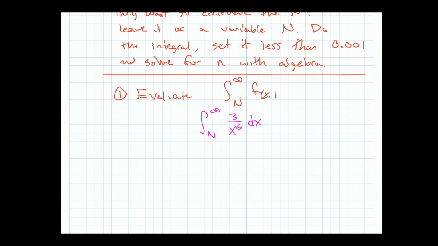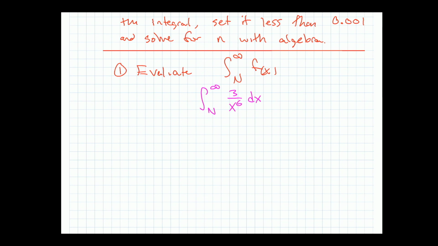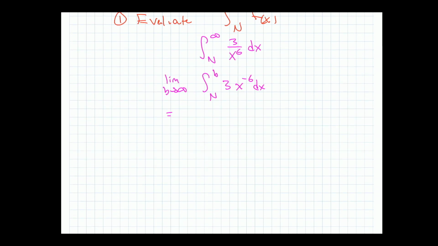So that's the integral that you do. Formally it is improper, so the integral from n to b, with b going to infinity. Rewrite this as 3x to the negative 6. It should be easy, it's the power rule: add 1 to the power, divide by the power.